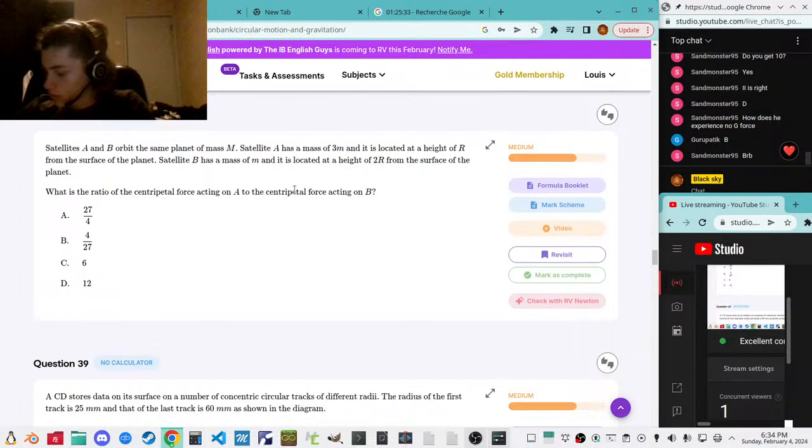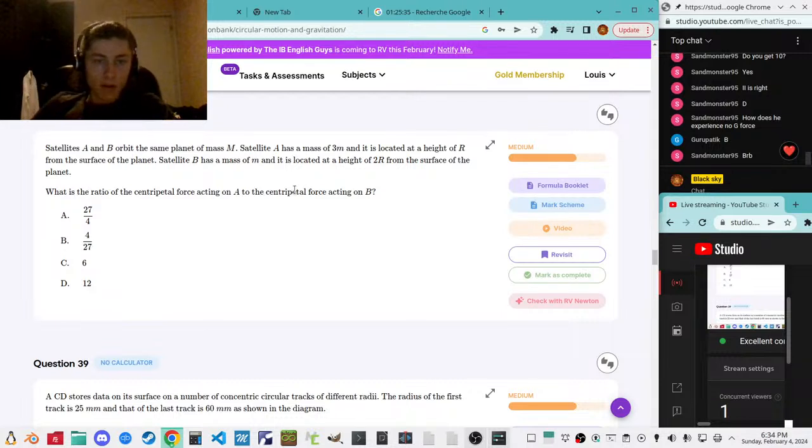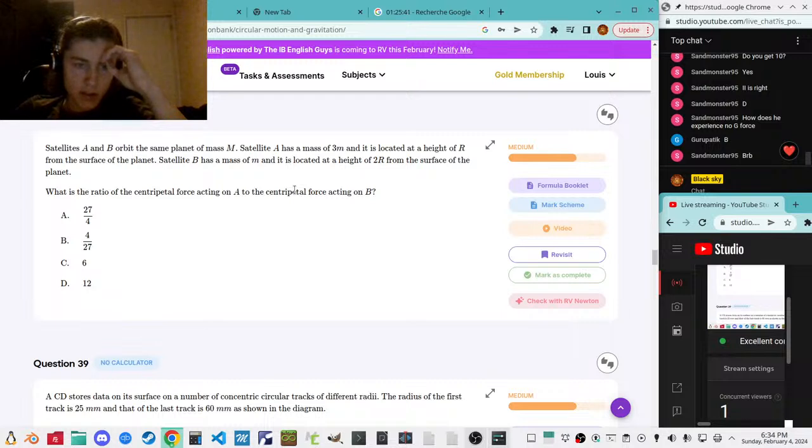So the big mass. Satellite A 3m is located at height r. Satellite B has a mass m and is located at a height 2r. So let's just ignore the m's, because I don't think it matters. So if we ignore the m's, we can still use the r's. Height r from the surface of the planet, height 2r from the surface of the planet.